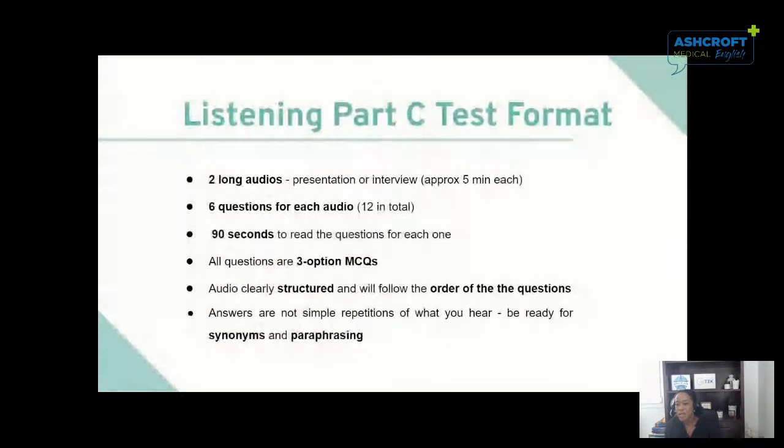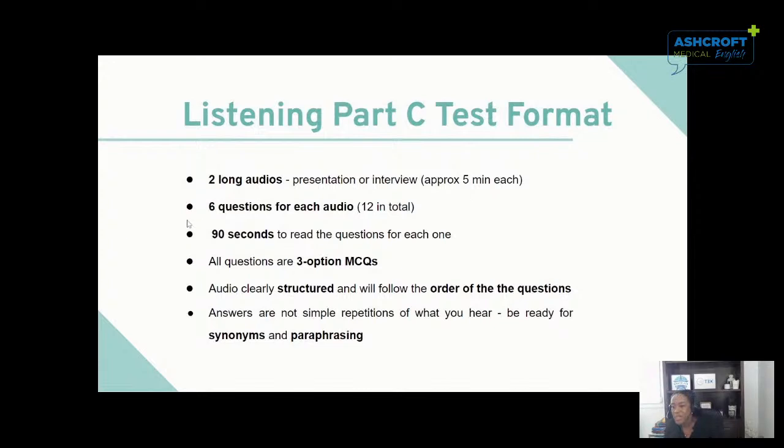There are 2 types that you might face. One is a presentation, so you'll be listening to just one voice, and the other is an interview. So you'll have both the interviewer and the interviewee to listen to. The interviewer is really helpful actually, because they do help you keep track with the topic changes.